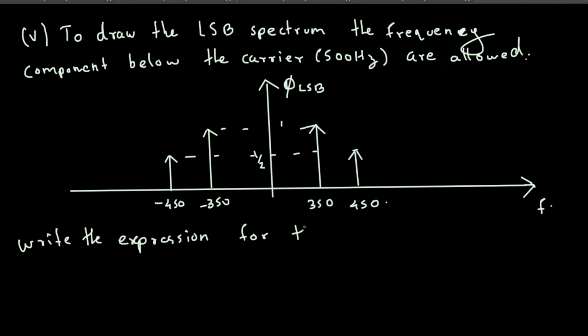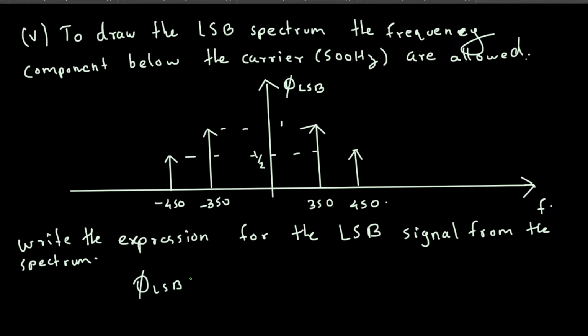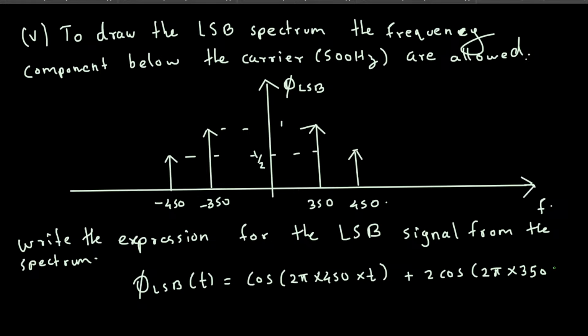And write the expression for the LSB signal from the spectrum. ϕLSB of t is equal to cos of 2π times 450 t plus 2 cos of 2 times 2π times 350 t.